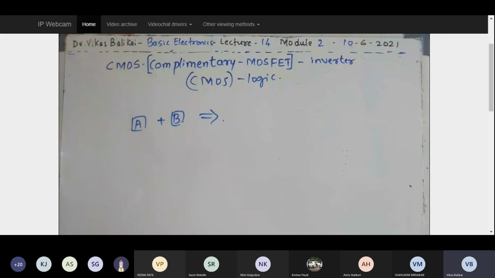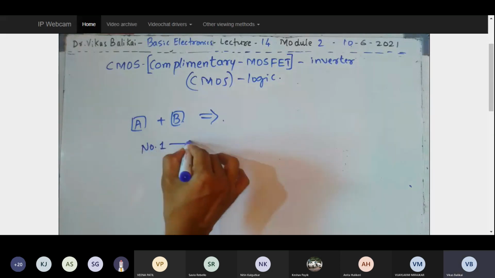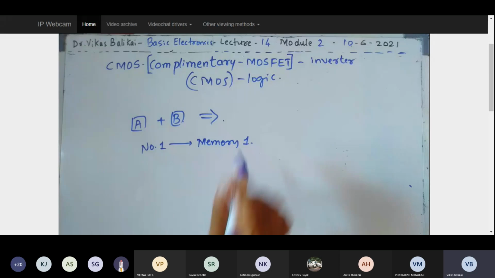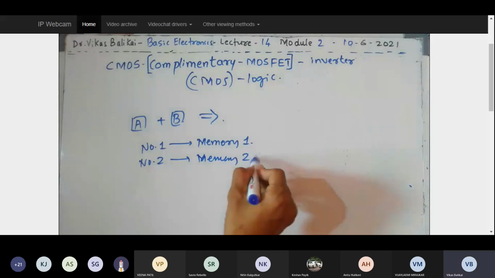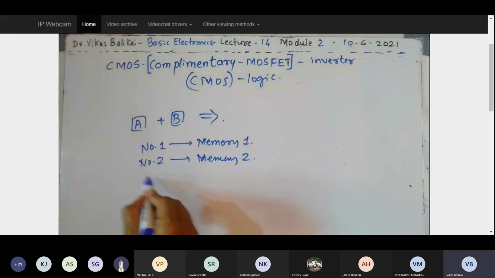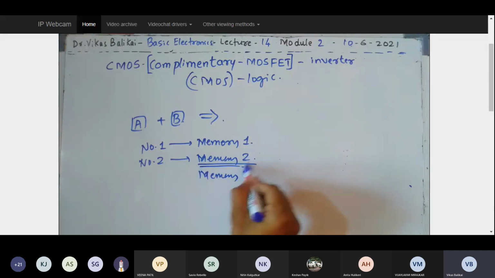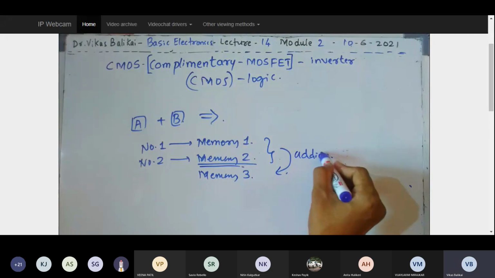For example, you may say I'll take two numbers and put number 1 in memory 1, and number 2 in memory 2, and take one more memory location to put the addition of number 1 and number 2 in memory location 3.